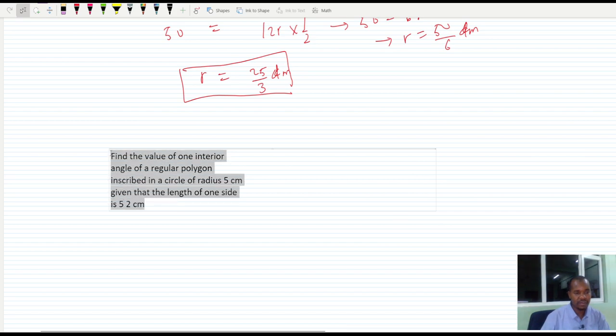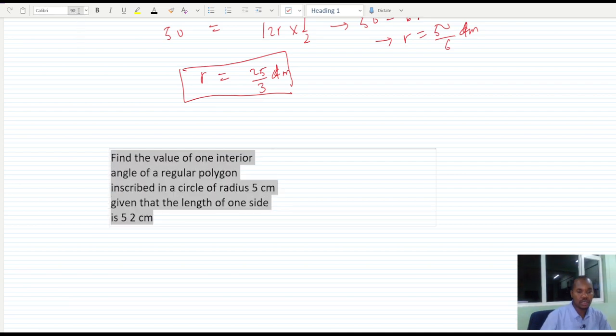You can see it here yourself. With this question, find the value of one interior angle of a regular polygon inscribed in a circle of radius 5 centimeter, given that the length of one side is 5 root 2 centimeter. Apologies, the length is not 52, it is 5 root 2.